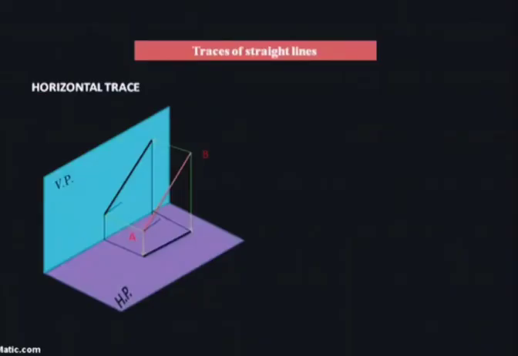Hello everyone. Now we are going to discuss the traces of straight lines. Here we are going to construct the horizontal trace, and after that the vertical trace. First, what do we mean by trace?